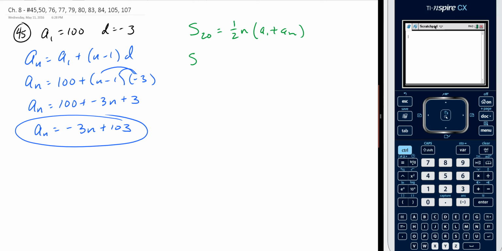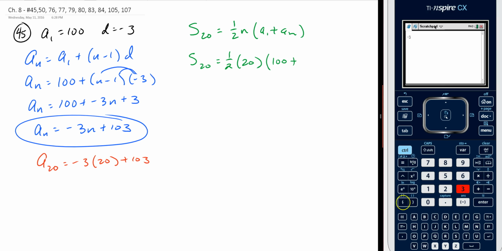So S20 is equal to 1/2 times 20, because we have 20 terms, times a1 we know is 100, and an we don't know, but we just found a formula to find it.